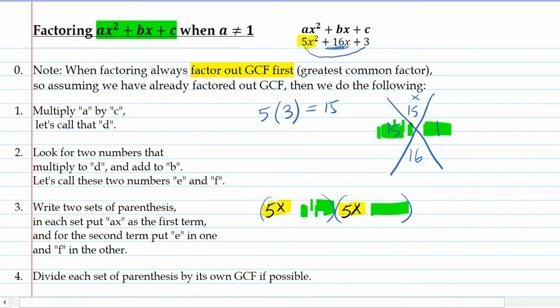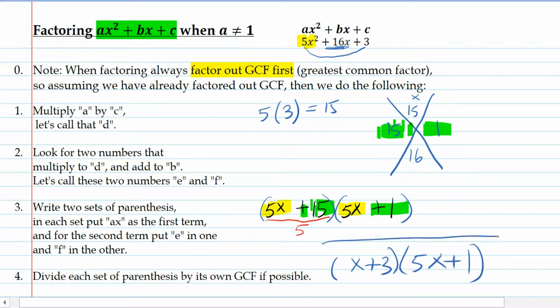That comes from the 2 numbers that multiply to 15 and add to 16. Our last step, divide by GCF if there is one. In the first set, 5 goes into both. In the second set, there is no GCF. So we're almost done. So we get x plus 3 times 5x plus 1.